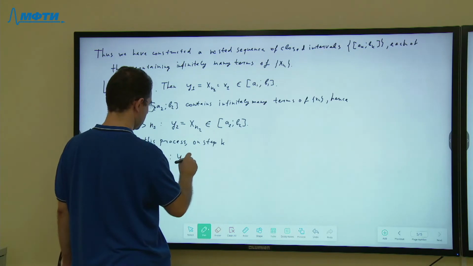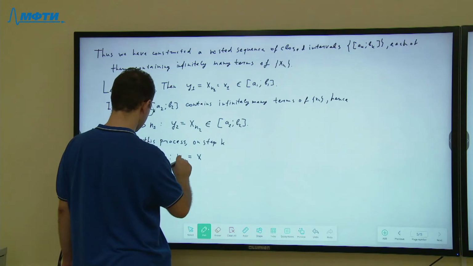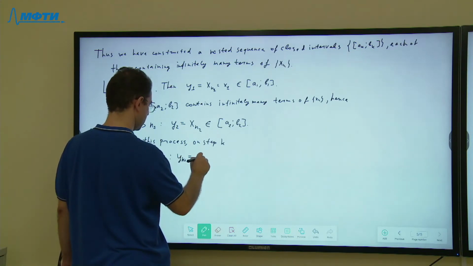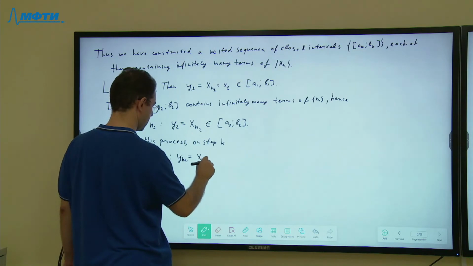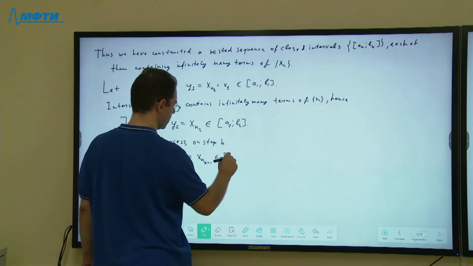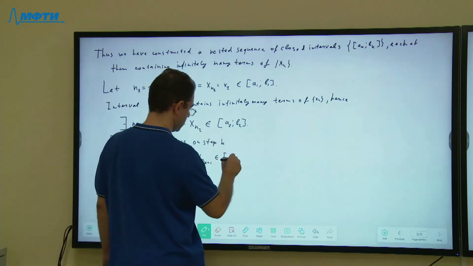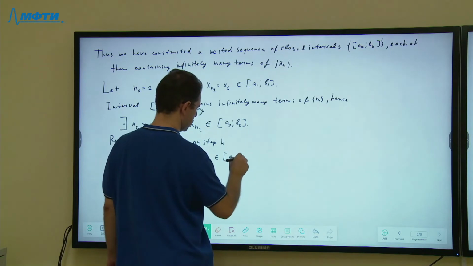y k plus 1, which is x n k plus 1, lays on the interval A k plus 1, B k plus 1.